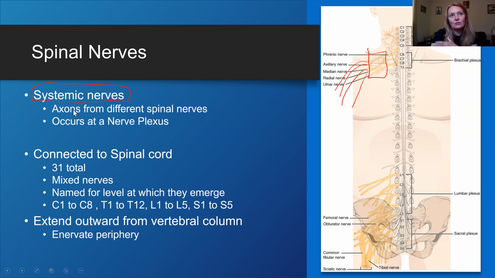They have names based on a region, like ulnar nerve because it's on the ulnar side, or femoral nerve because it's in the femoral region. Spinal nerves are named on the levels at which they emerge. They extend outward from the vertebral column and innervate the periphery. That makes sense.